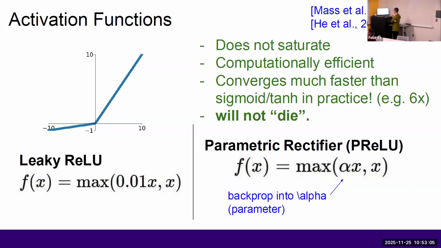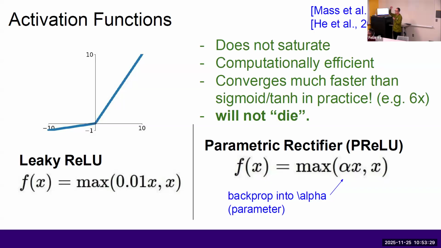Okay, so to really solve this problem of the dead neuron, about 12 years ago people started to think about what is the best strategy to solve it. That's why this is called leaky ReLU.